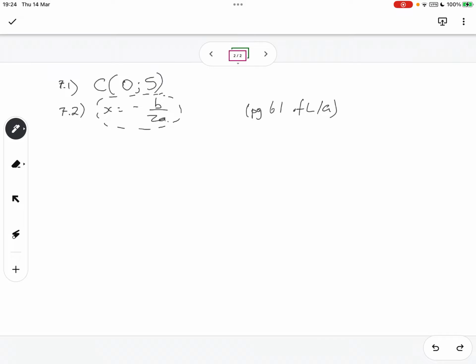Now that's the formula that we'll refer to for the axis of symmetry.